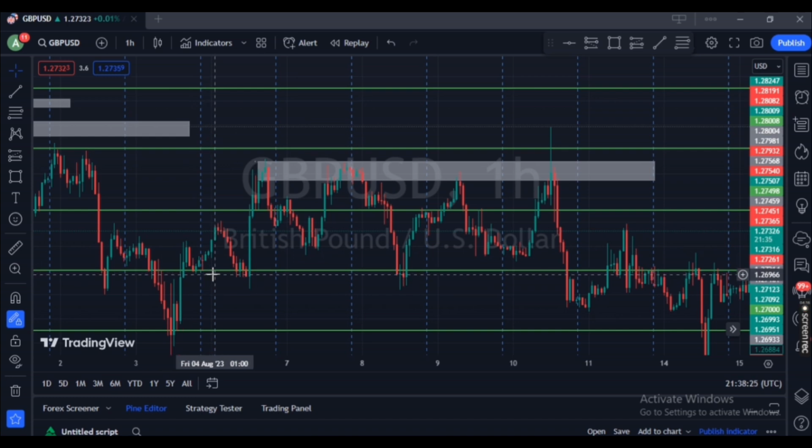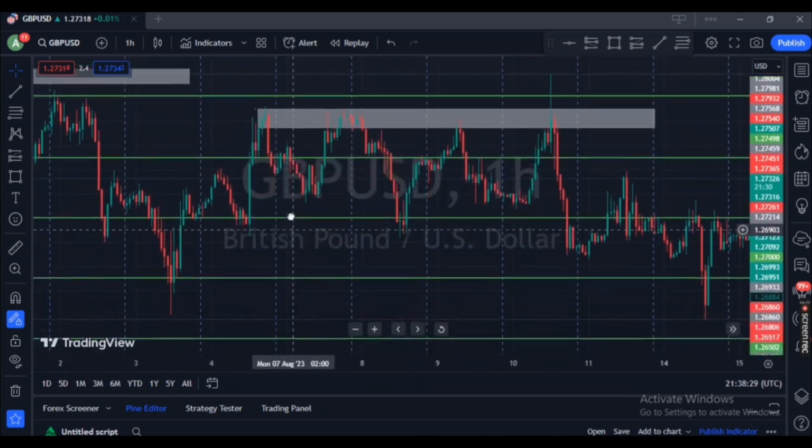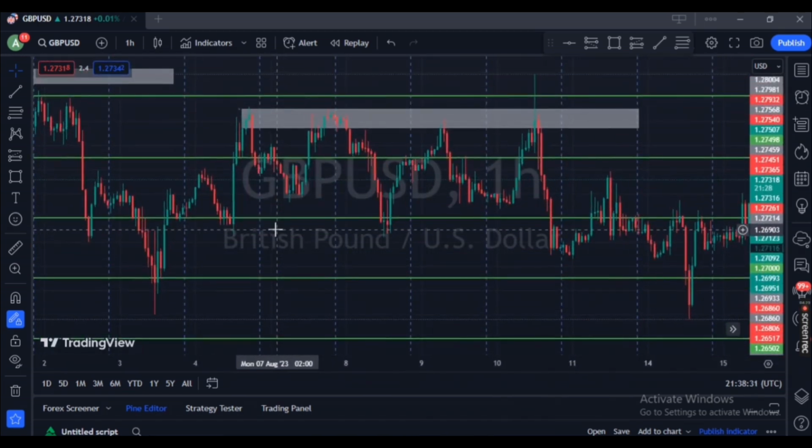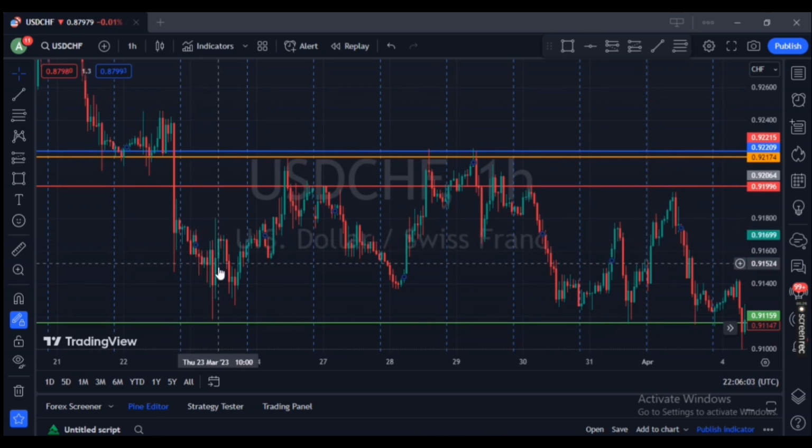A support is a place where a market starts to buy from. It's a point where the sellers are done and the buyers have taken over the market. The point where the market stops selling and starts buying is called a support. Whenever the market comes to this area, there will be more buying than selling.